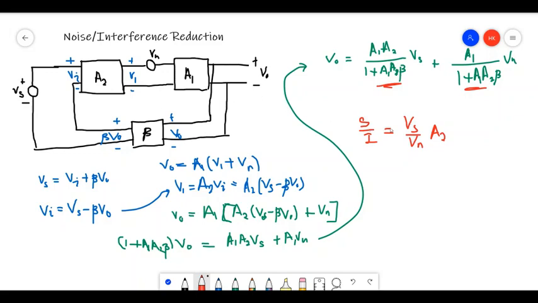So in that case we can reduce this noise or interference. Also, if we choose this feedback factor beta large enough, we can maintain a very similar gain as before, as if there was no feedback. So we can keep the gain while reducing the noise or interference.